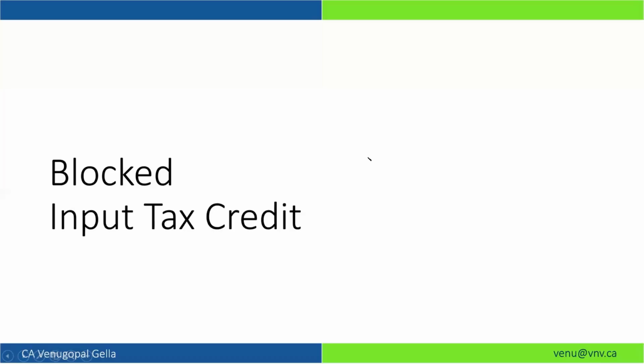Again, blocked input tax credit is one area where we notice a lot of issues come up during the departmental audit, because when the input tax credit is availed by the accountant, he doesn't make a distinction whether this credit is eligible or not. When we say eligibility, generally anything purchased for the business ideally should be available.